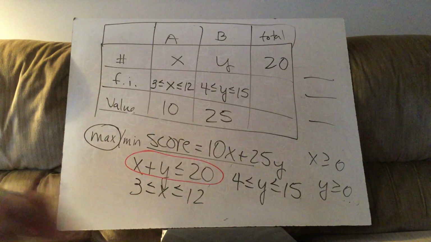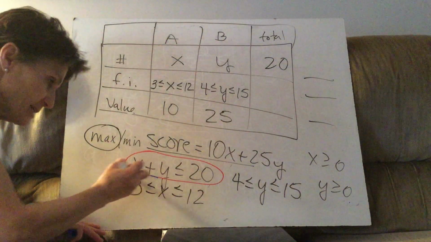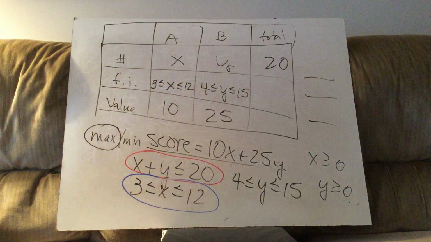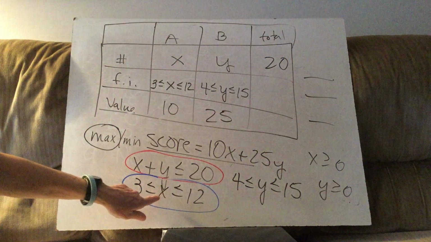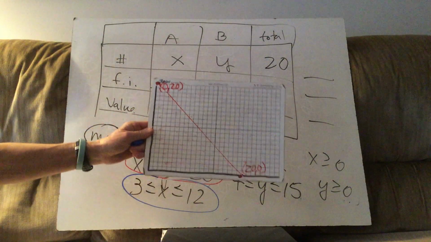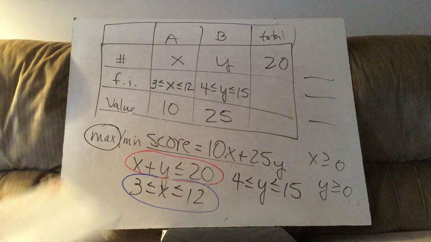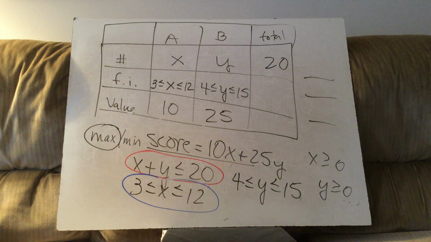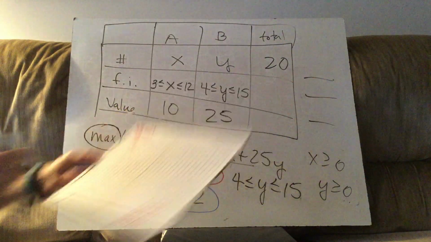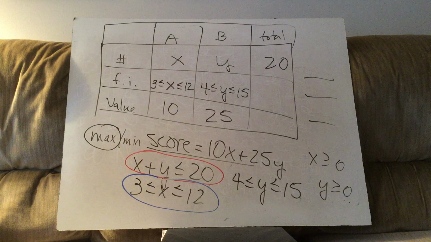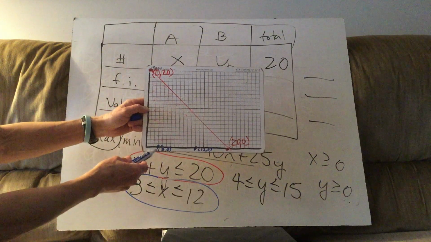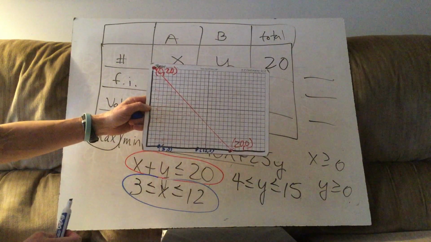Okay. Now, I'm going to graph this one in blue. Notice that it only has x's, so I am only going to be graphing on my x-axis. I'm going to put a point at 3, 0, and a point at 12, 0.